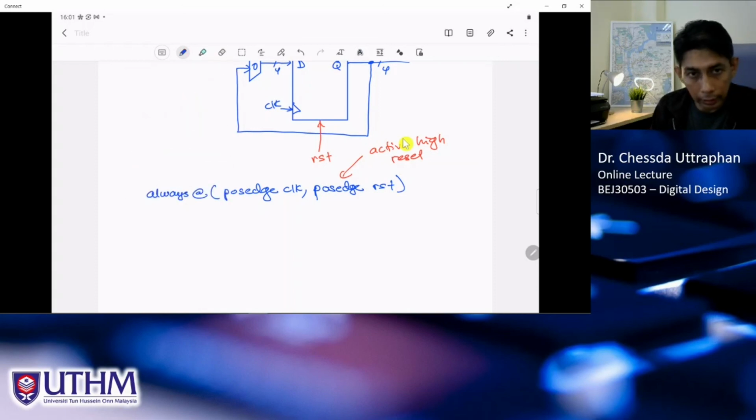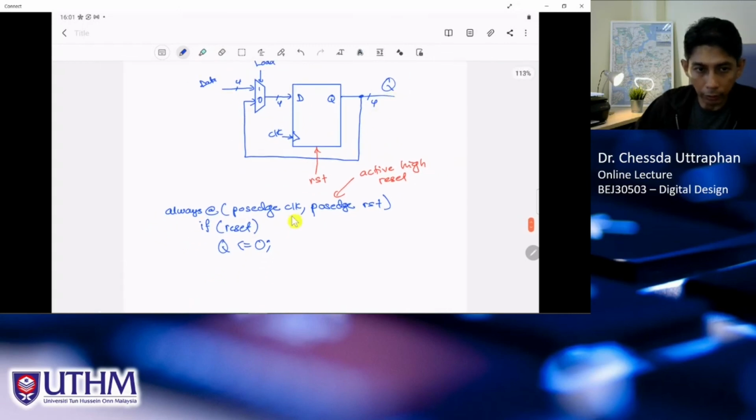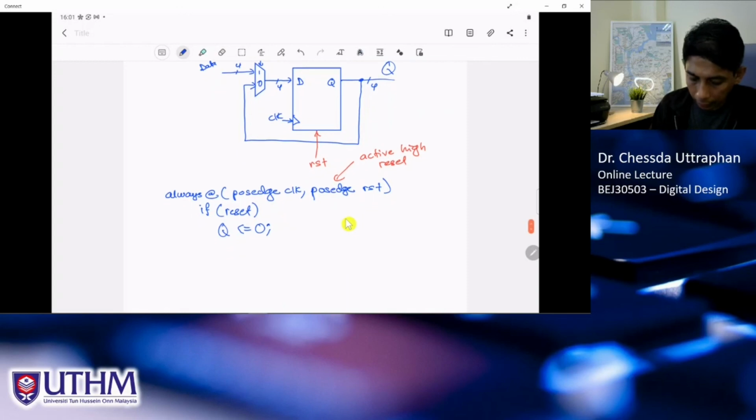And because the reset is a high priority signal, we need to check for reset first. So if reset equal to 1, or if reset, Q should be equal to 0. The output of our register should be equal to 0.